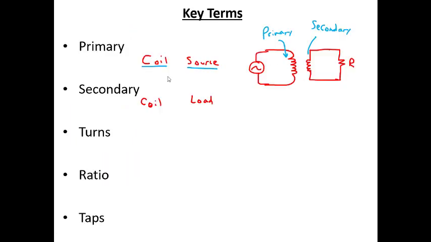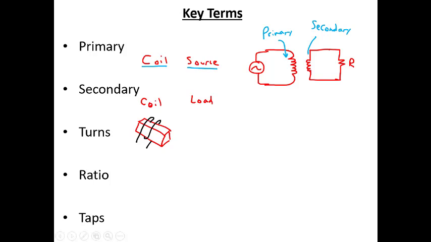When we look at the turns, what we're talking about is, if we have a block here, I'm not very good at drawing these, but we have a block. How many times do we wrap the wire around the block? Those would be the turns.